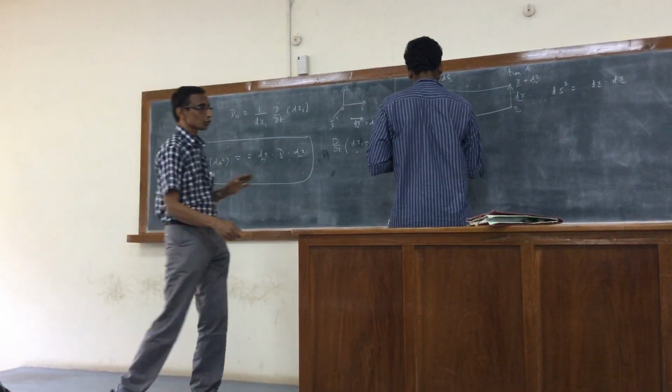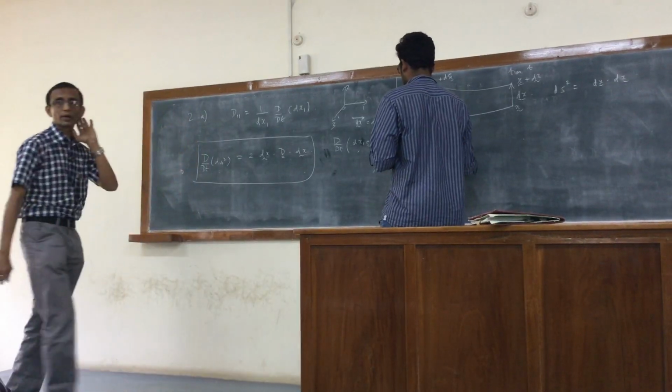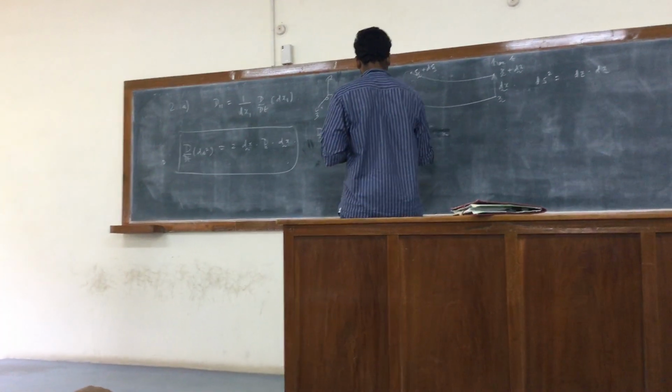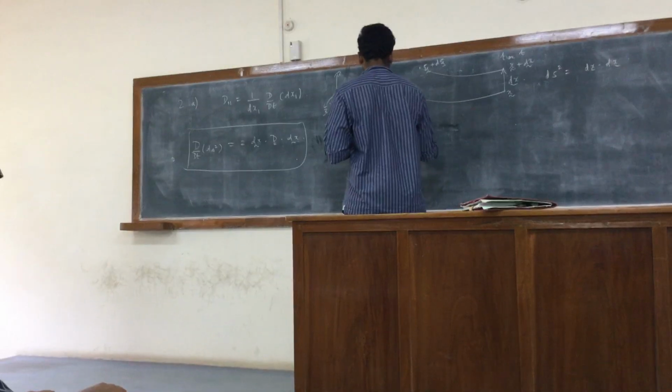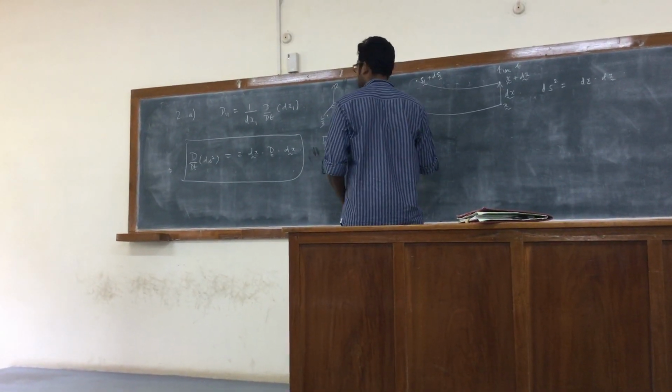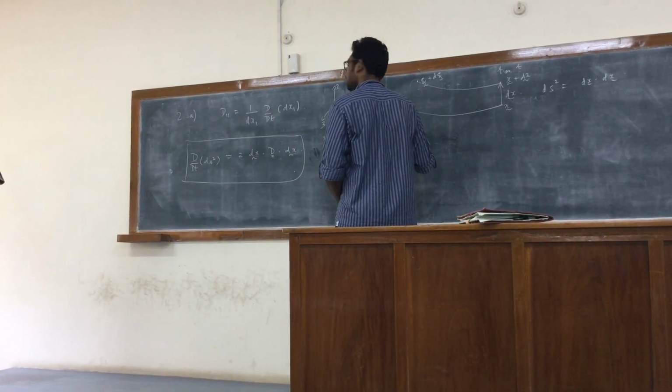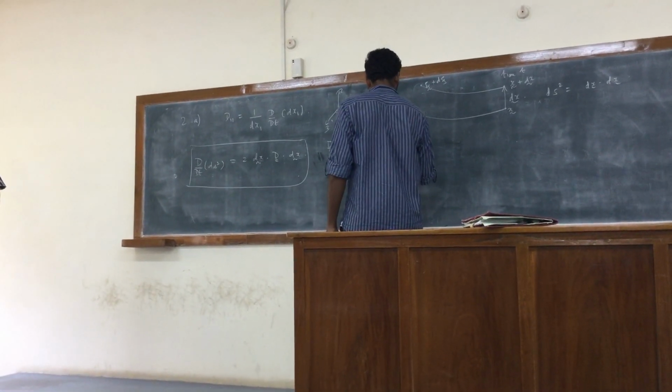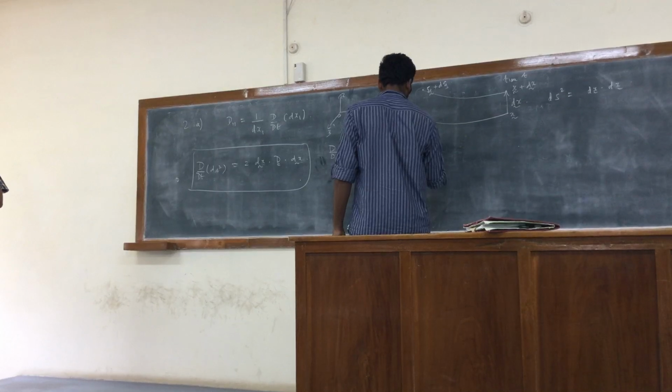Fine. I wanted you to write what is the left hand side. What is that dot product? Is it so difficult to evaluate what the dot product is? Huh? dx1 squared, that's all. D by dt of dx1 squared.